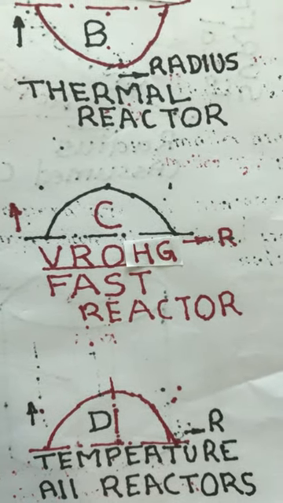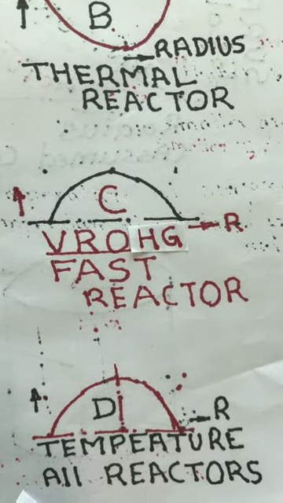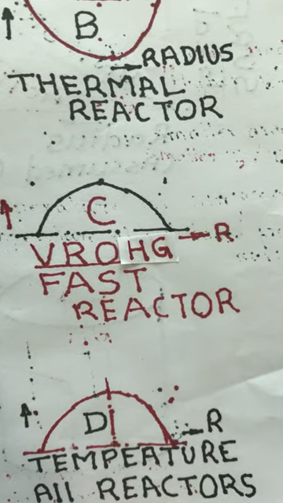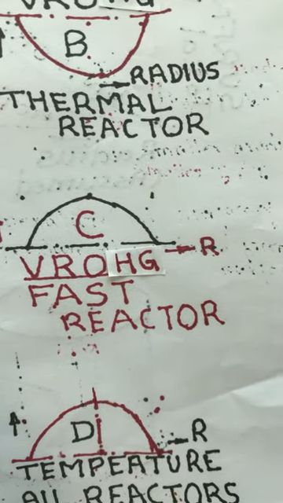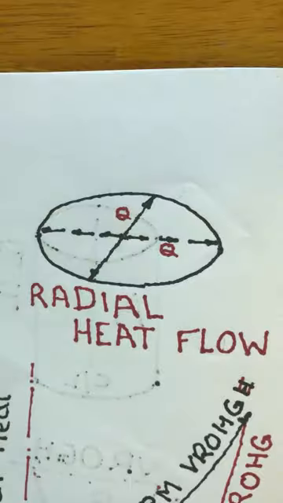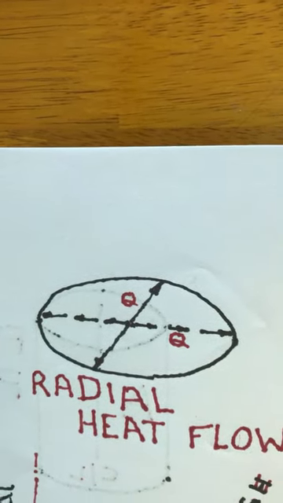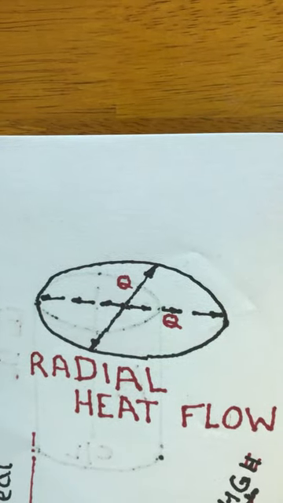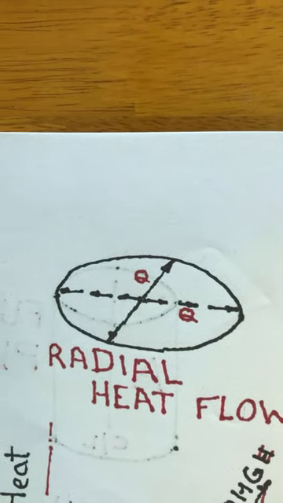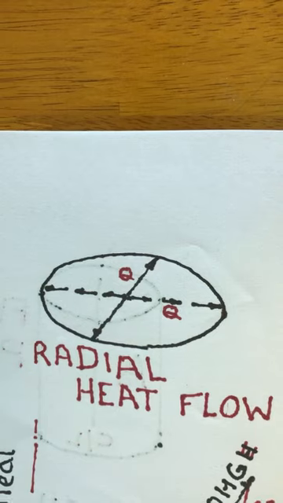That means the heat flow in the axial direction can be neglected as compared to the heat flow in the radial direction. This figure represents the cylindrical cross section of a fuel pin, and you will see that the heat flow is only in the radial direction.